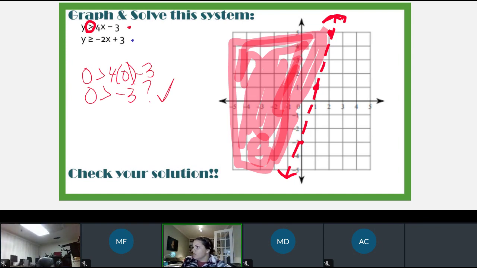All right, now let's go ahead and graph the second line. I'm going to graph the y-intercept first, which is at positive 3. And my slope is negative 2. So I'm going to go down 2 and to the right 1, and I'm going to follow that pattern through.